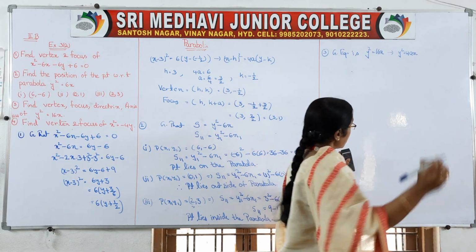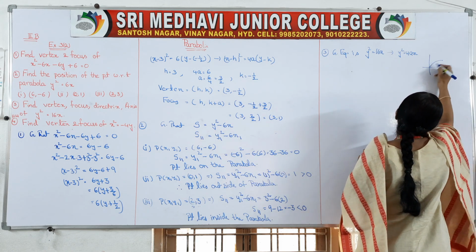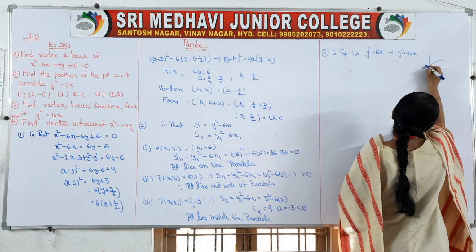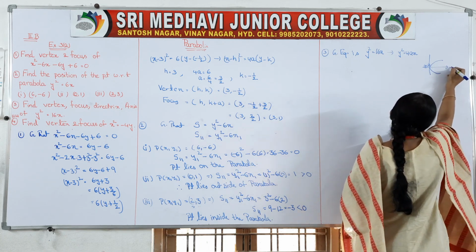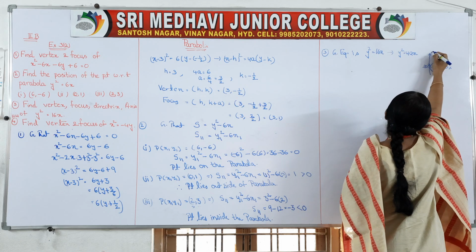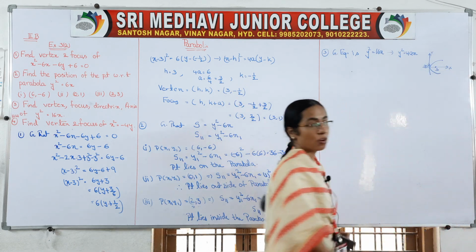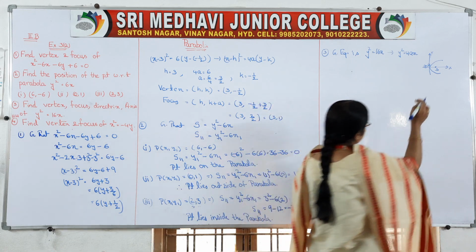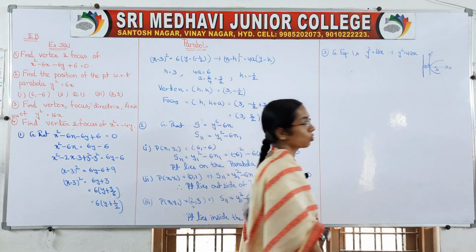First parabola form, isn't it? So its vertex is (0, 0), isn't it? And axis is nothing but x-axis. This is your y-axis and here you will have your focus, right? And same distance you will have your directrix also.